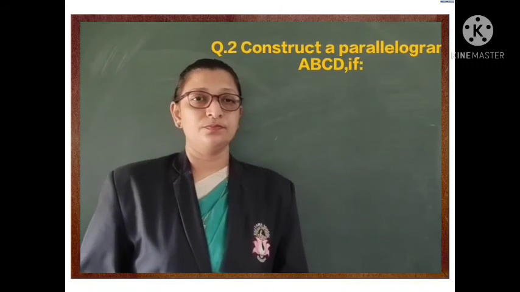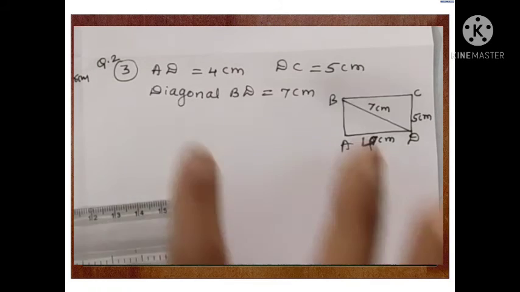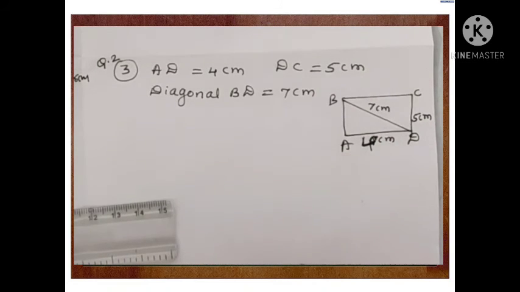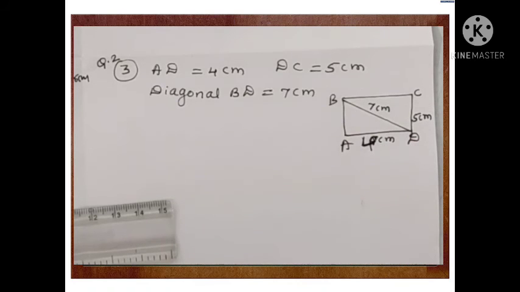Question 2, example 3. AD is equal to 4 cm, DC is equal to 5 cm and diagonal BD is 7 cm. Here is the rough diagram.